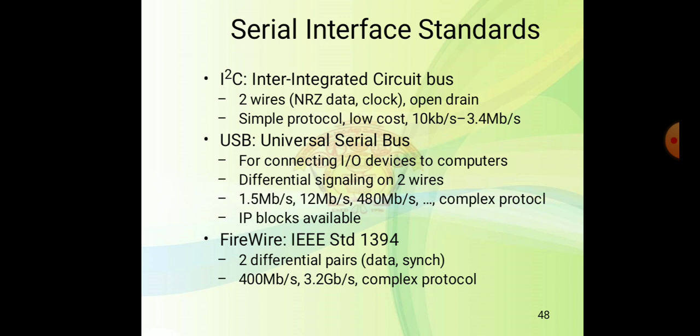It specifies a serial bus protocol for low bandwidth transmission between chips, for example 10 kilobits per second or 3.4 megabits per second.